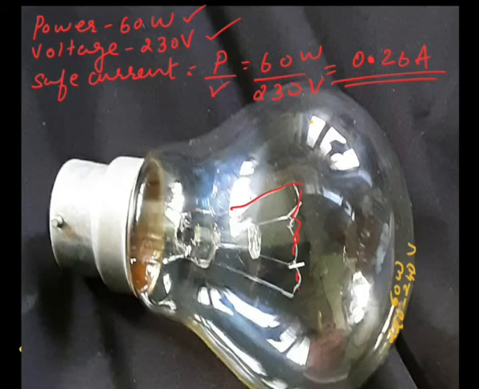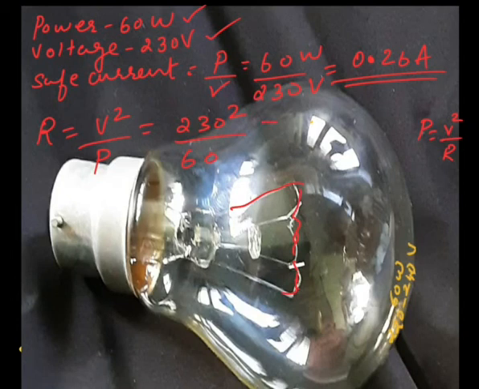Now suppose we need to find the resistance of the filament while it is working. You can find that using the formula. You know power is equal to V squared divided by R. Therefore resistance R is equal to V squared divided by power. So here 230 squared divided by 60.